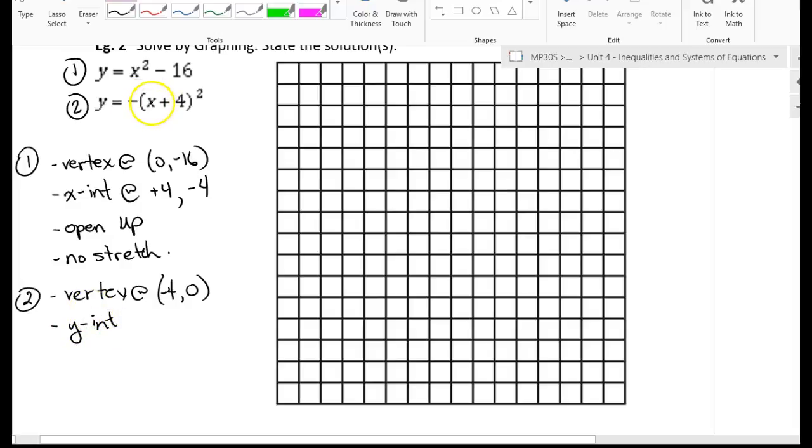And so I plug in 0 for x. 4 squared is 16, and there's a negative, so negative 16. It opens down, and there's also no stretch. That opening down is that negative out in front, but since there's no actual value, there's no stretch.